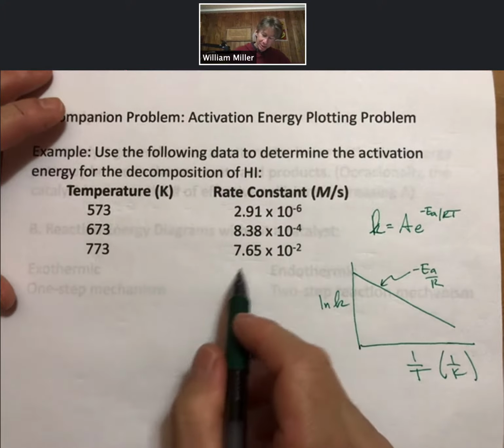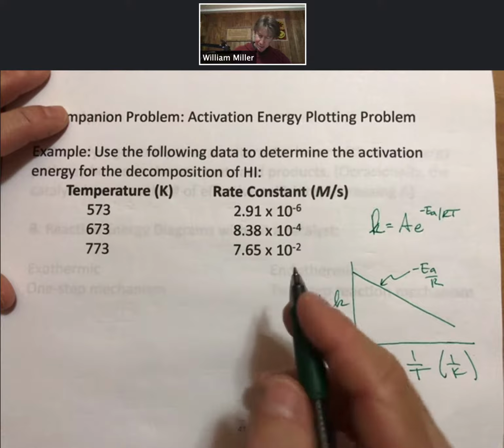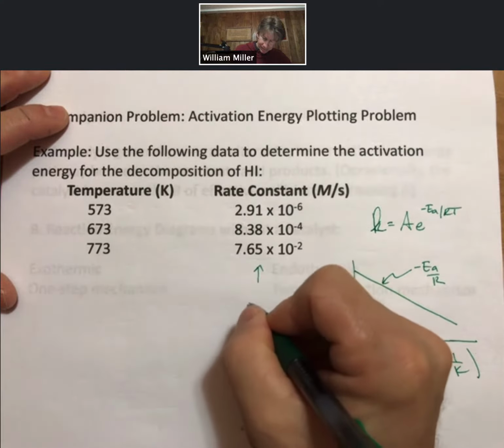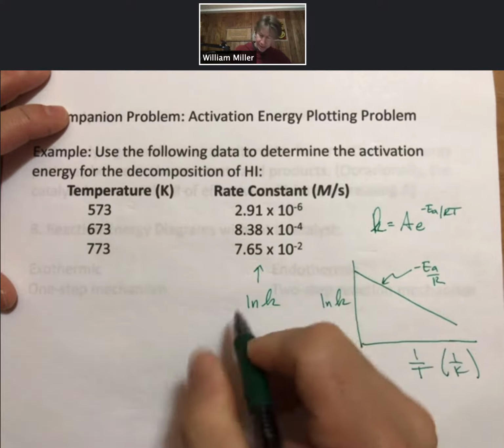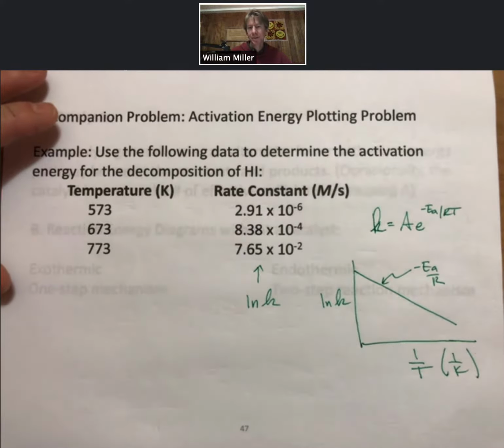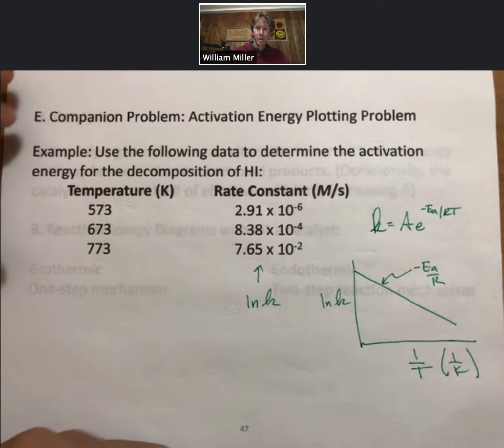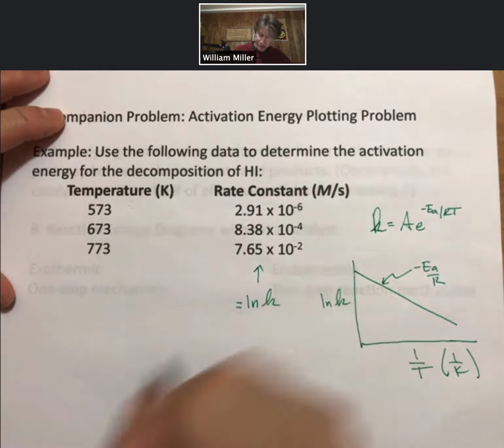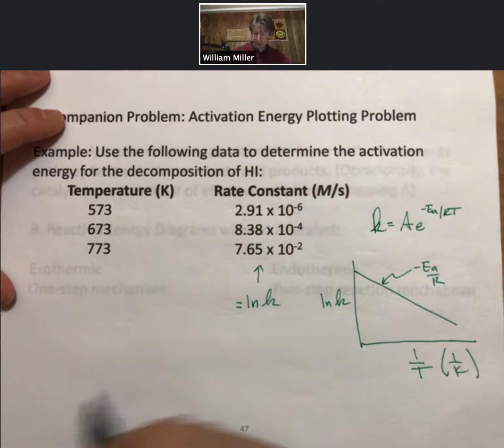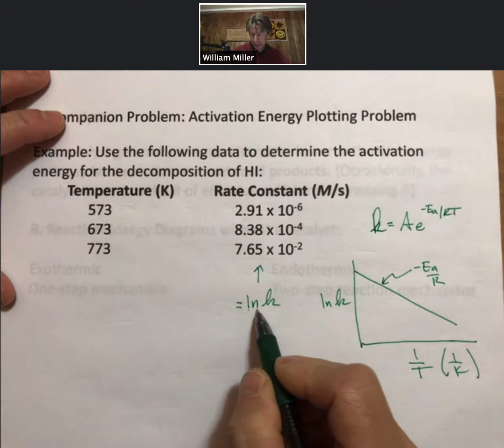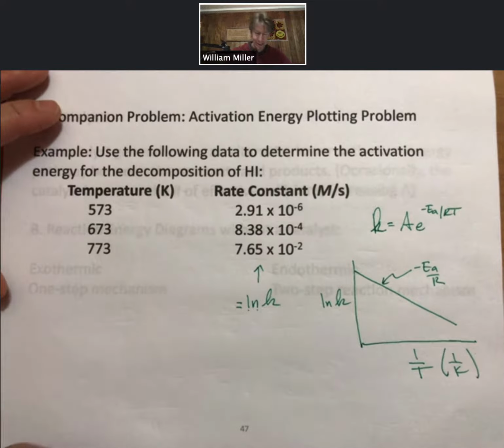So what you need to do to solve this problem is take your rate constant, take the natural logarithm. I would hope that you could do it in Excel or some other spreadsheet program using the equals ln function within Excel.